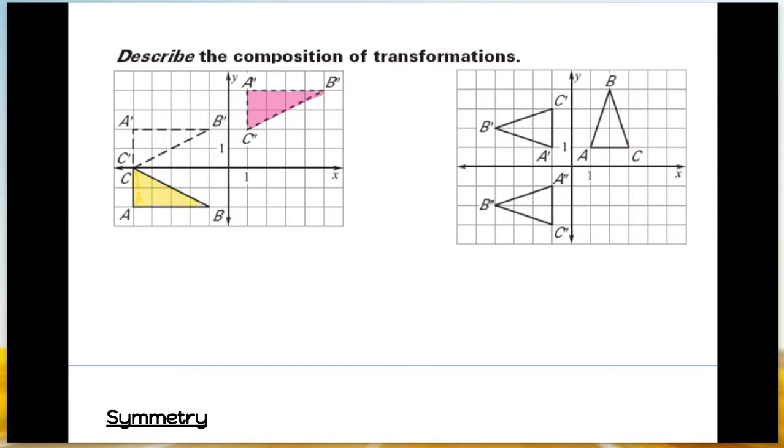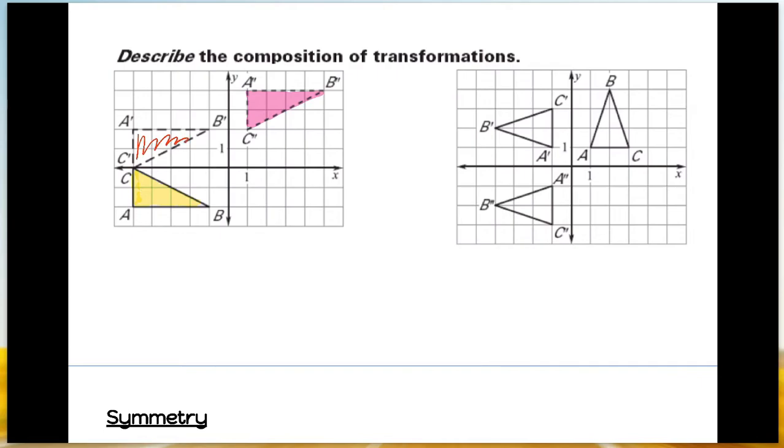I can see it is just flipped over and then moved to the right and up. So if they didn't have the shape that says A prime, B prime, C prime, which is right here, then I could have reflected in a different line. Like maybe I reflect in the line y equals 1, and that would put the figure higher up in the graph. And so it would be an option if they didn't have that figure that we're looking at.